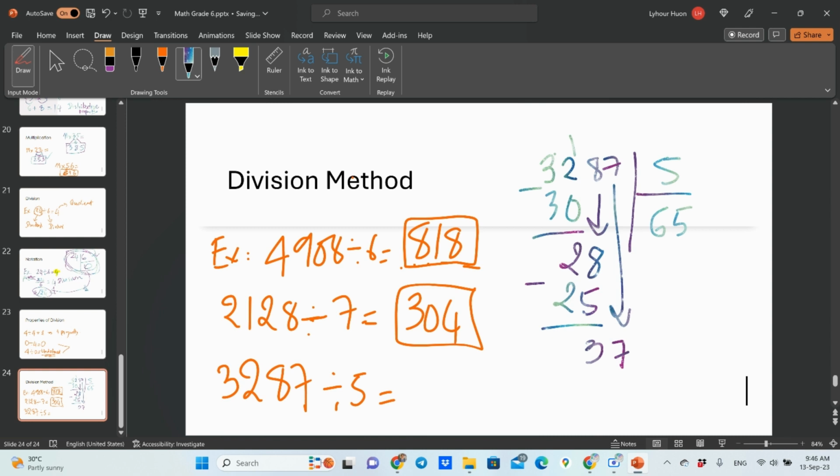So it's 37, which gives 7. 7 times 5 is 35. So we still have 2, and it's a remainder.